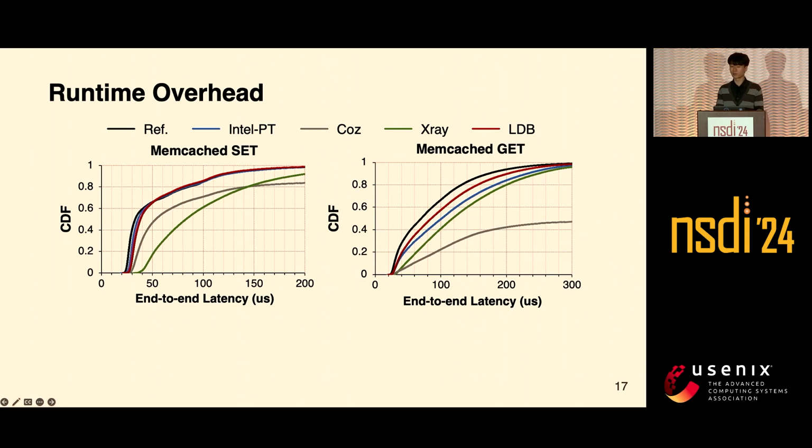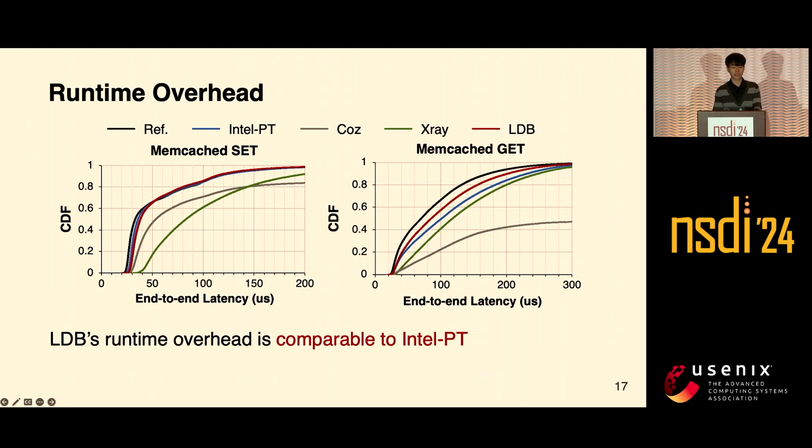COZ has the largest overhead, especially at the tail, because it intentionally injects delays to measure virtual speedup. X-Ray's overhead increases proportionally to the number of function calls, and it has a higher overhead in set workloads. Due to the higher overhead, both COZ and X-Ray distort the original latency behaviors. On the contrary, LDB has an overhead comparable to the hardware-assisted approach, Intel PT, with up to 22% end-to-end latency overhead.